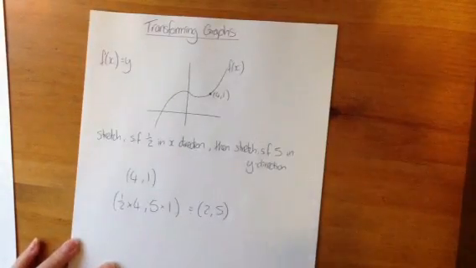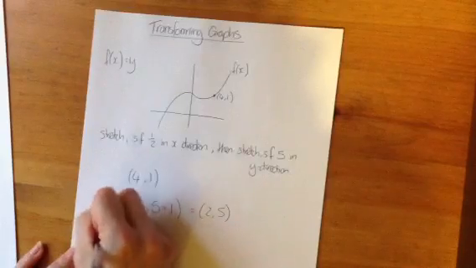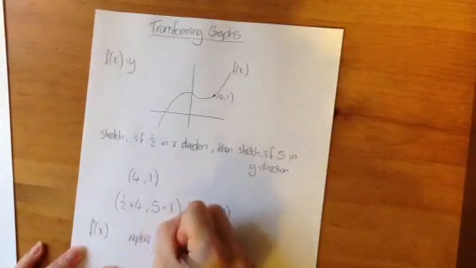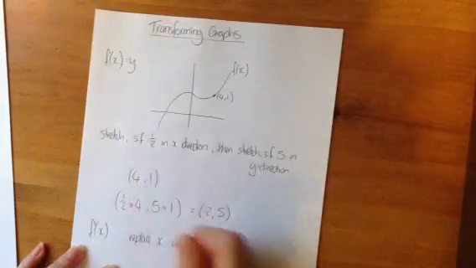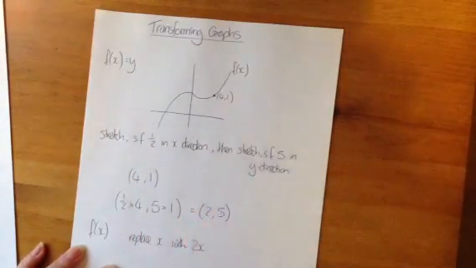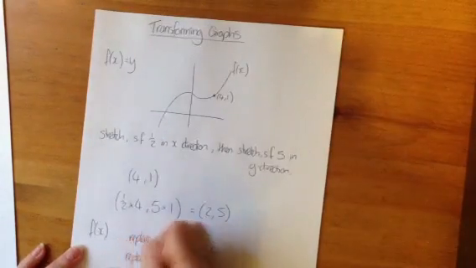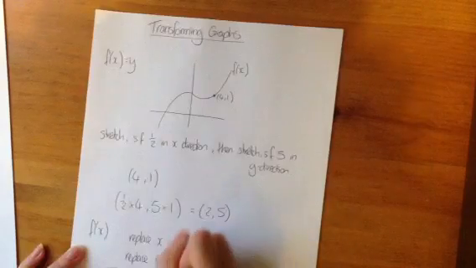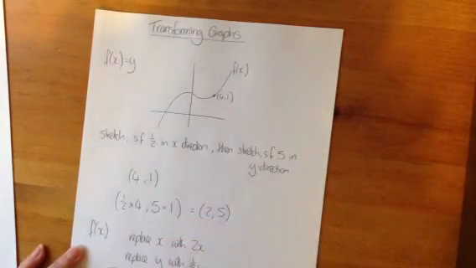Now if I'm writing the equation, then I'm going from f of x, and I am going to replace x with, if it's a stretch scale factor of a half, 2x, because that's how they work. And I'm going to replace y with, if it's a stretch scale factor 5 in the y direction, 1/5 of y.